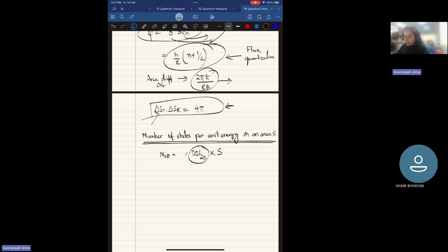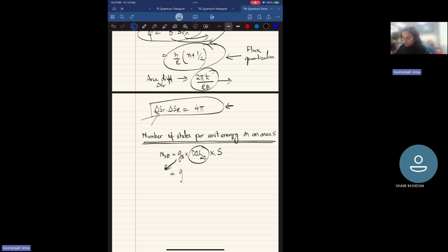And besides that, there is a factor of spin degeneracy. For each energy level, there is spin up and spin down, and they can occupy the same energy level, so we can say for each state there are two particles occupying that state. That is why we multiply with the degeneracy, and for electrons it is 2.